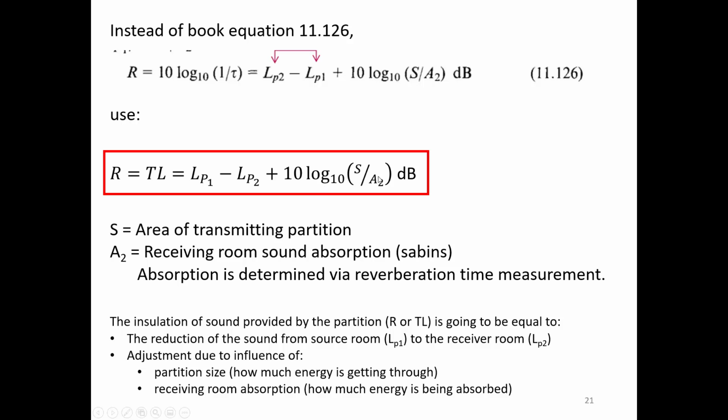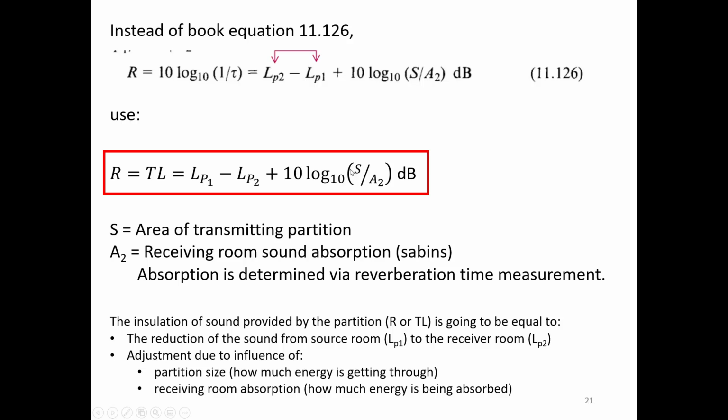So we have the louder sound pressure level here, the quieter sound pressure level here. So this minus this is going to be a big part of the transmission loss.